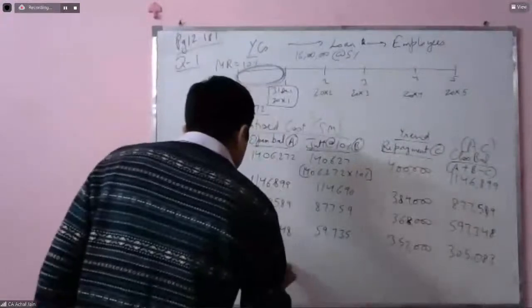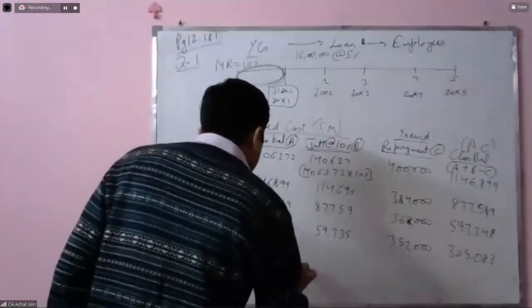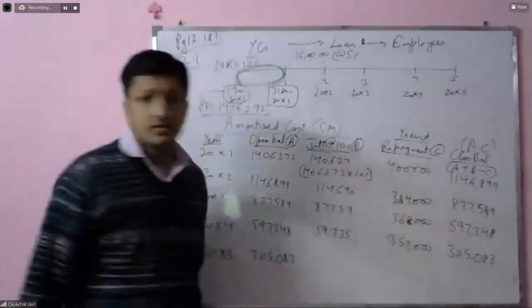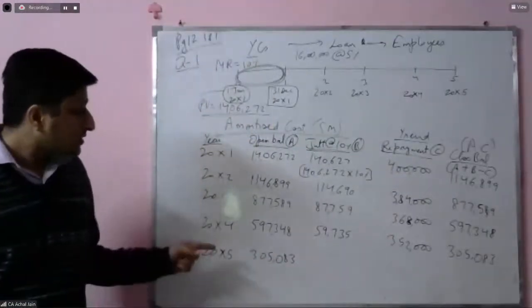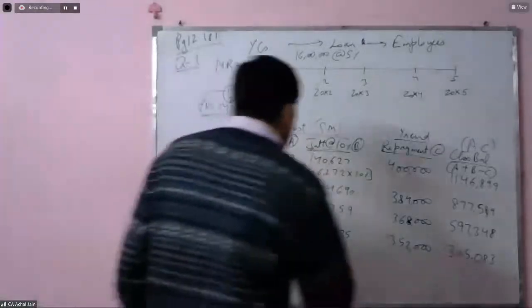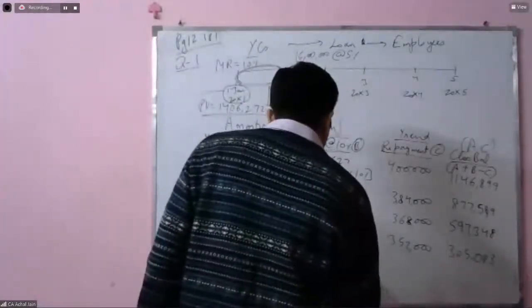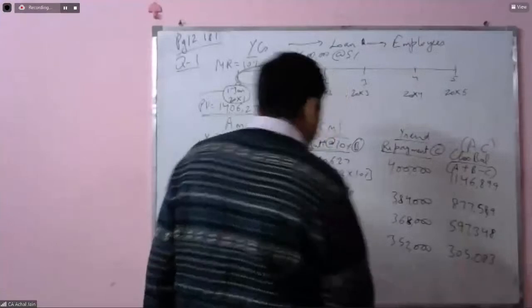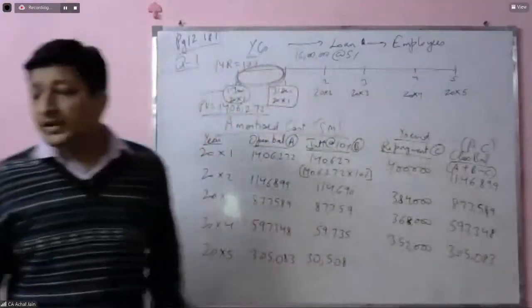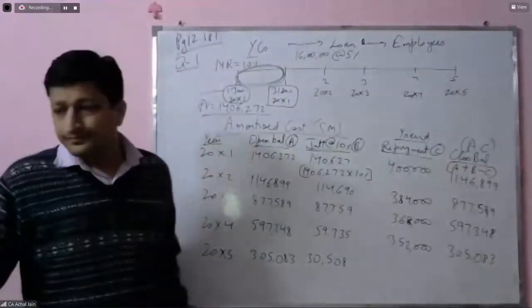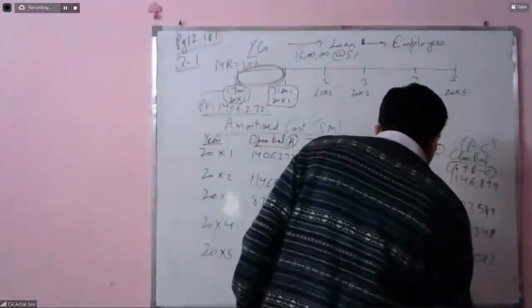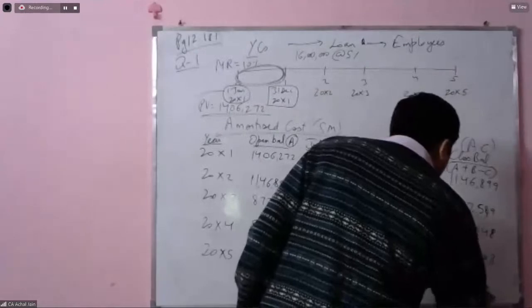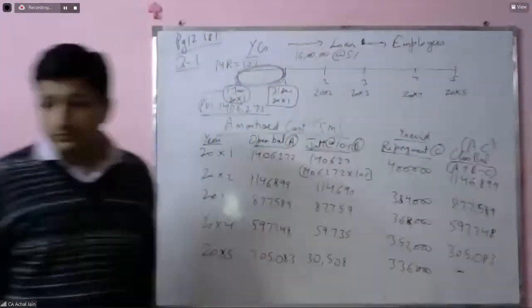And then we pick up this balance as the opening balance on which we will once again compute the interest. So this comes out to 30,508. But now there could be a slight problem. This will be 3,36,000, after which it should become 0.